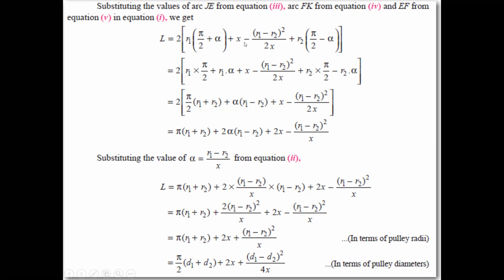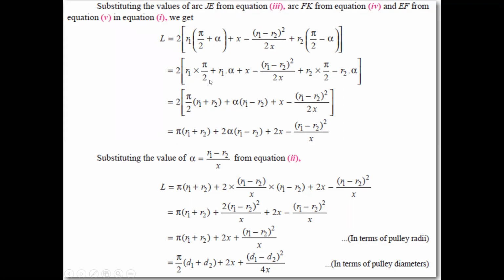EF is x minus (R1 minus R2) whole square by 2x, plus arc FK. Arc FK is R2 into pi by 2 minus alpha. Just simplify the equation: 2 into R1 into pi by 2 plus R1 alpha, expanding here, minus x minus (R1 minus R2) whole square by 2x, plus R2 into pi by 2 minus R2 alpha.